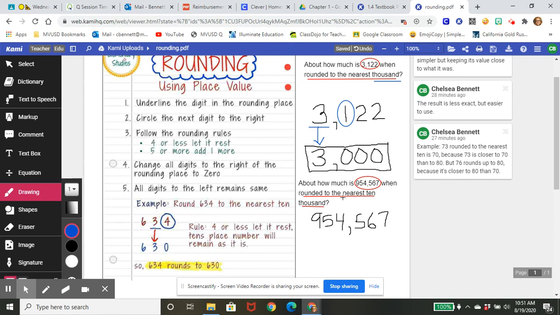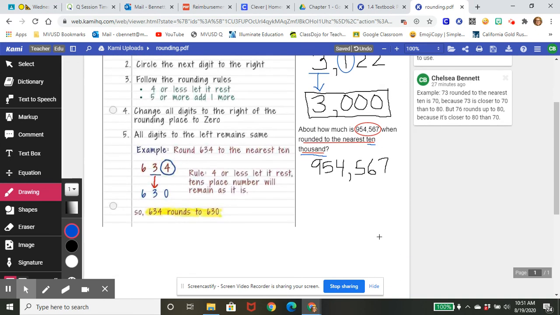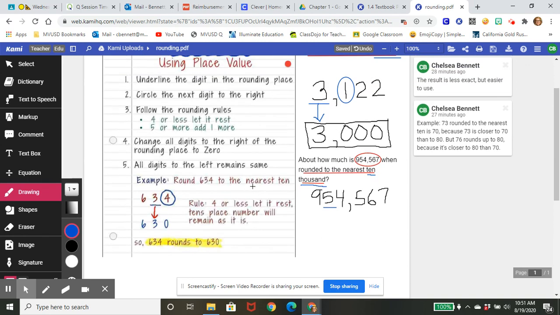I'm going to look to my question. It says the nearest 10,000. That means that my rounding place is in the 10,000s place. So let's count it out. Ones, tens, hundreds, thousands, 10,000s. Here is my rounding place. Okay? So you need to know place value to know where those places are.